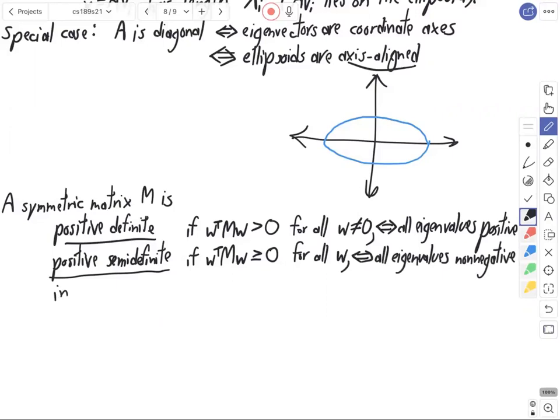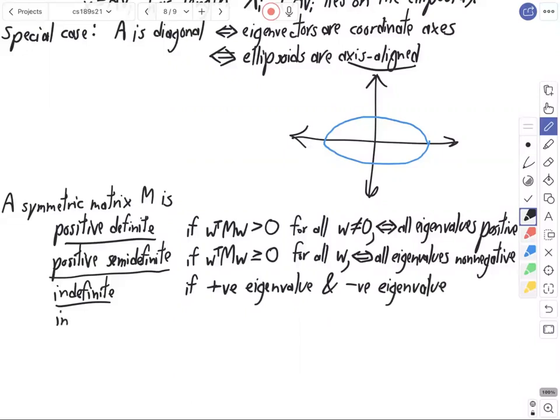And we say that a symmetric matrix is indefinite if it has at least one positive eigenvalue and at least one negative eigenvalue. And of course, one property of symmetric matrices is that they're invertible if none of the eigenvalues is 0.